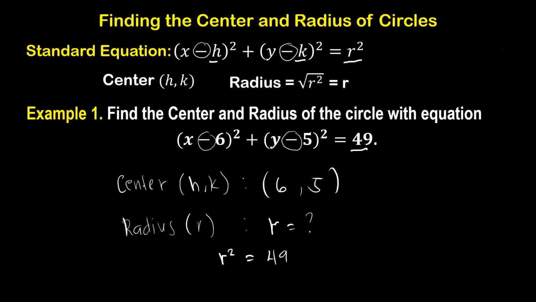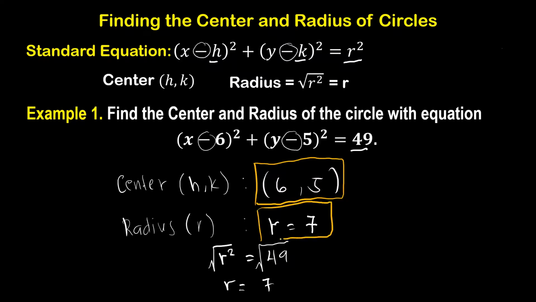To get the value of r, we need to get the square root of both sides, and that gives us r is equal to 7. So the value of r, which is our radius, is equal to 7. Therefore, our given circle has the center with coordinates (6, 5) and radius equal to 7. So that's the answer for example number 1.